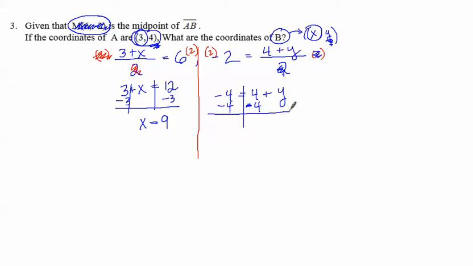Now be very careful here, because it's very tempting to say 4 minus 4 is 0, but that's not what it says. It says negative 4 and another negative 4. Together, those make a negative 8. So we have found that the coordinates of our point B are the x that's a 9 and the y that's a negative 8.